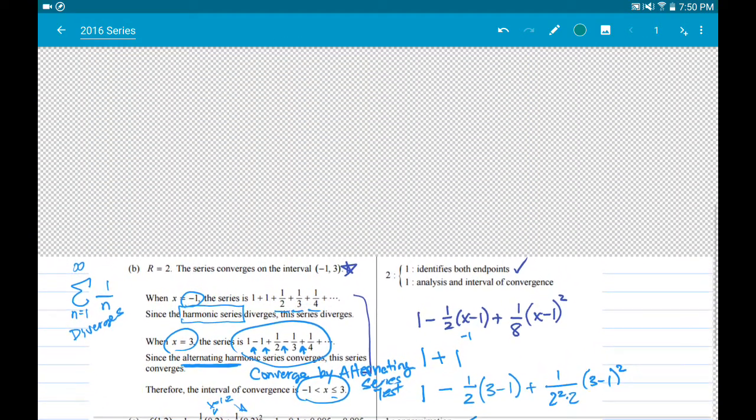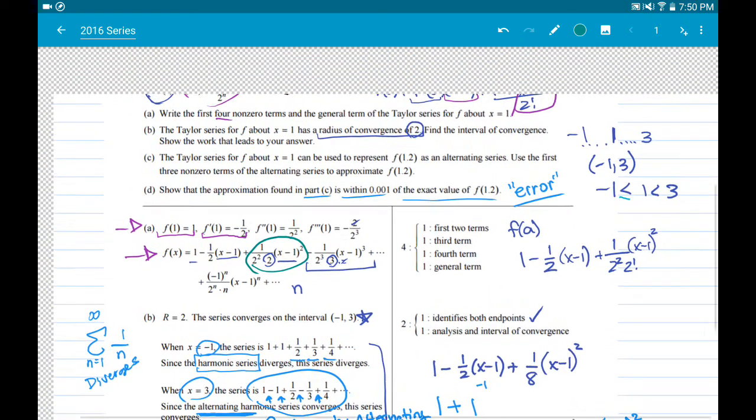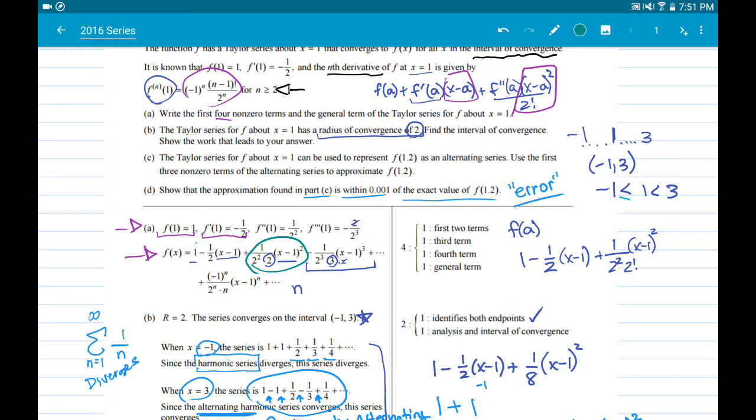This can get a little bit gnarly. And so my approximation in part C used the first 3 terms. And so what I'm going to use is this thing right here. And to find the error, I'm going to use this 1 over 2 cubed times 3. But my x value is the x value that I'm trying to find the error of.